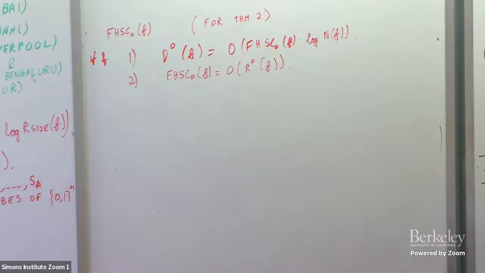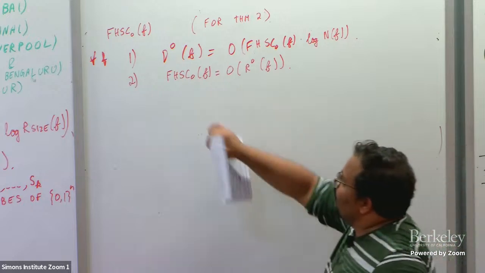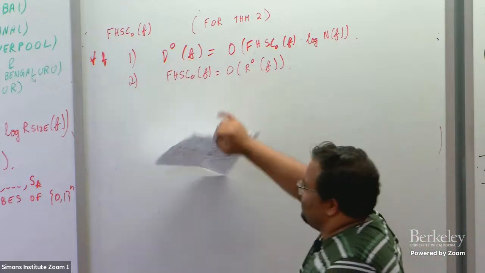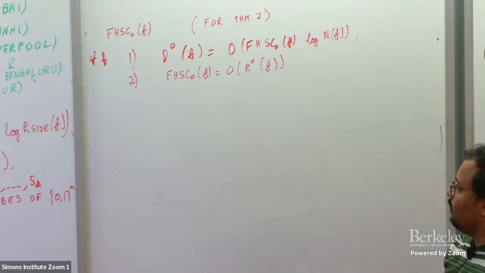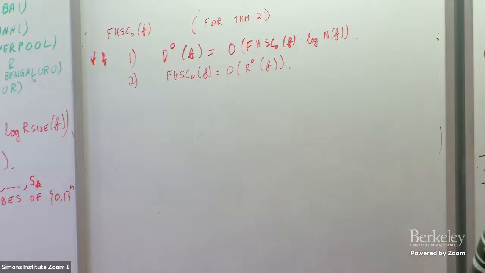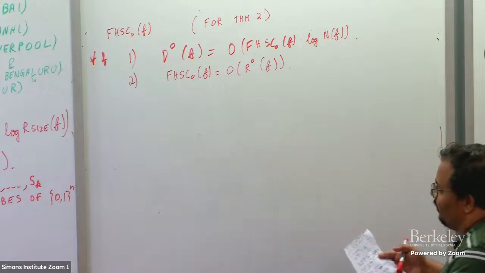I haven't told you what the 0 decision tree complexity of F is. In 0 decision trees, you allow arbitrary variables to be queried. But for the depth of a leaf, you only count the number of 0 answers. So for example, for the AND function, the 0 decision tree complexity is just 1, because on any leaf, you're reading at most one 0 in the trivial tree computing it.